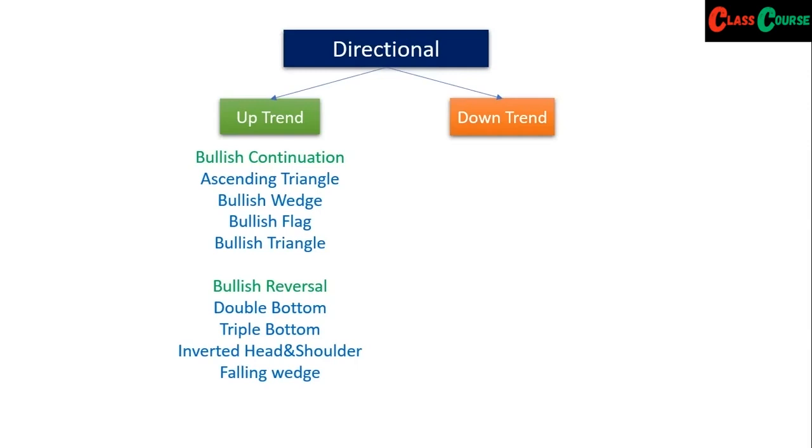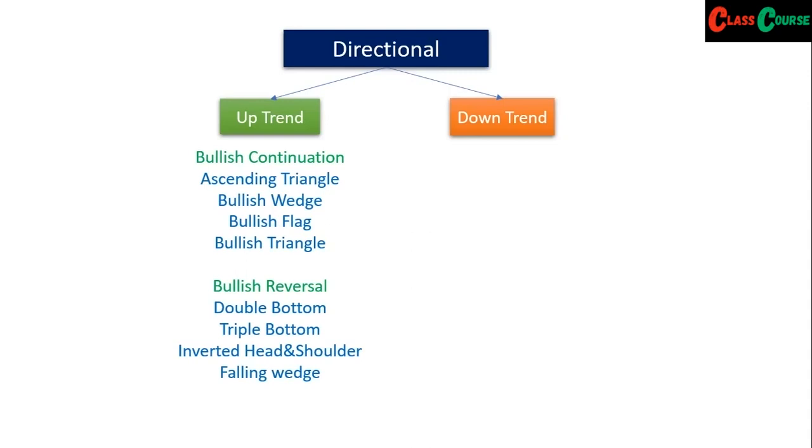One is ascending triangle, bullish wedge, bullish flag, bullish triangle. All these four chart patterns come when there is a bullish continuation of the market. When the bullish trend is already there in the market, you can find these four chart patterns.